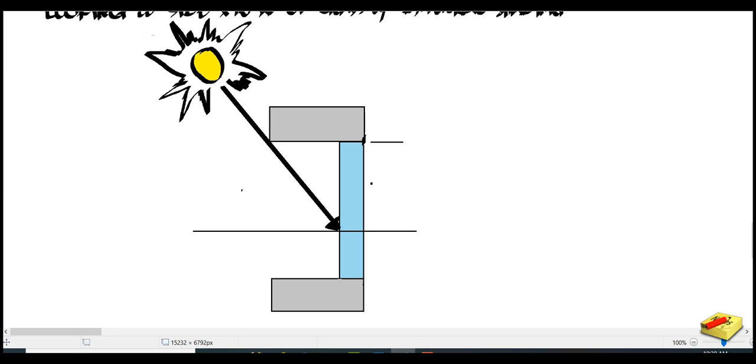This will be your Y value, and we have the rays of the sun. The angle here will be your solar altitude angle. This is your sun.